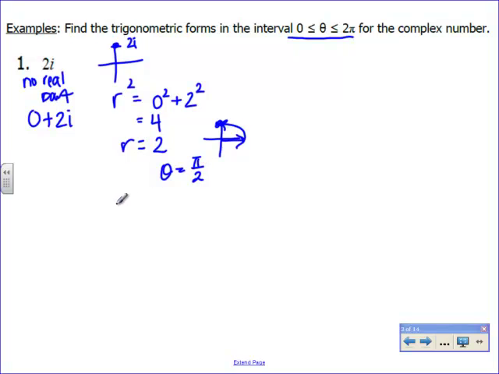So here's my standard form, and that's going to be equivalent to the trig form: 2 times cosine of pi over 2 plus i sine of pi over 2. Example 2.